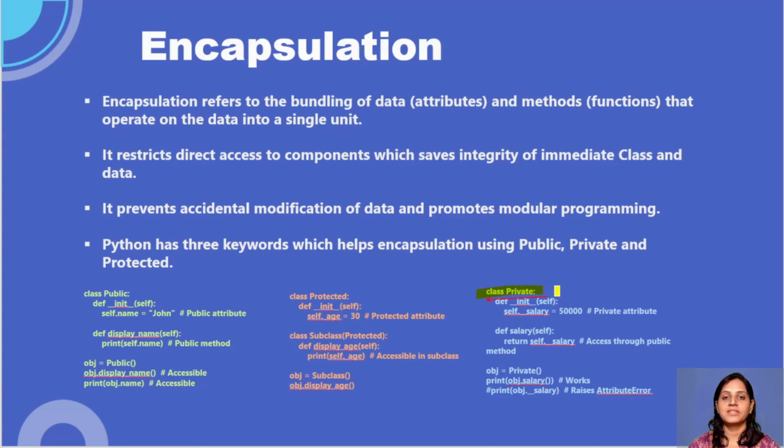It won't be accessible outside that class. People are writing the code in such a way that they want to use it only in that class. They do not want other classes to see this. That is why they are keeping it private. Okay, now let us go to our code part.